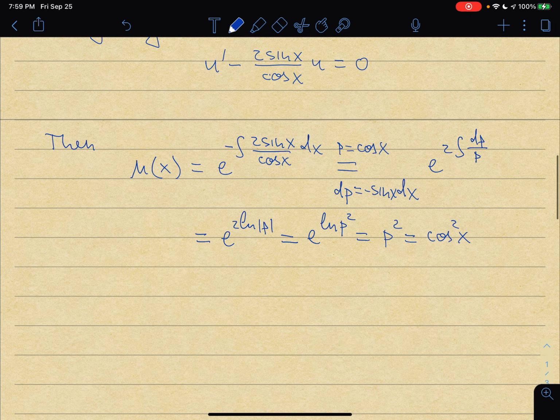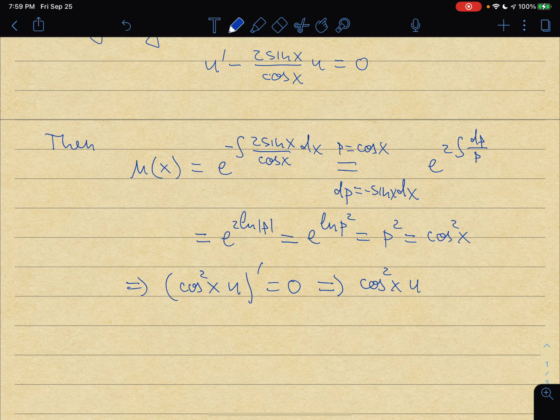So going back and multiplying the equation by cosine square of x, we have that integrating factor times u prime now must be equal to 0. So therefore cosine square of x times u prime must be equal to 0. And then integrating both sides, cosine square of x times u should be equal to a constant.